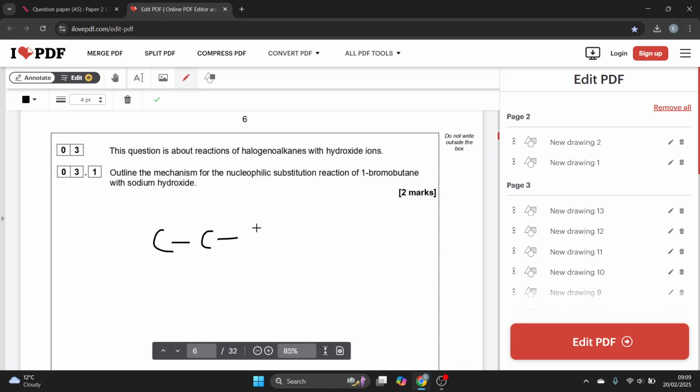Methane, ethane, propane, butane. Yep. Nucleophilic substitution, so I'm going to form an alcohol.